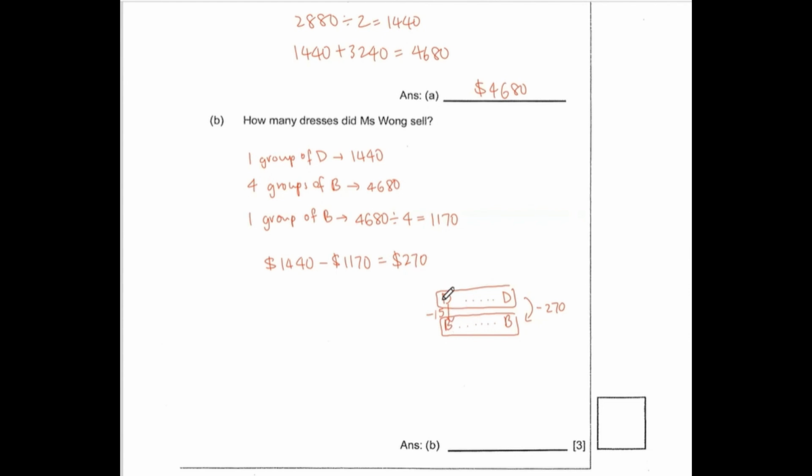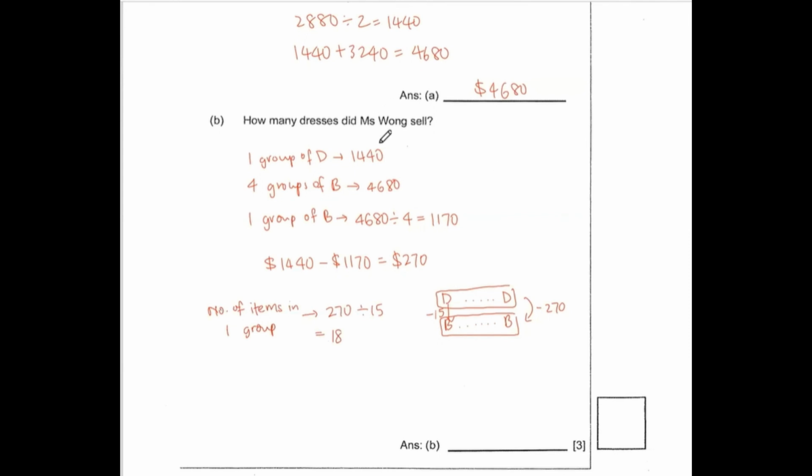Or in other words, how many items are there in 1 group? So number of items in 1 group: 270 divided by 15, which is 18. So every group, there are 18 items.